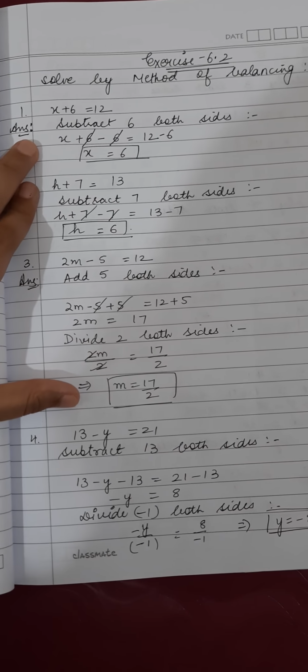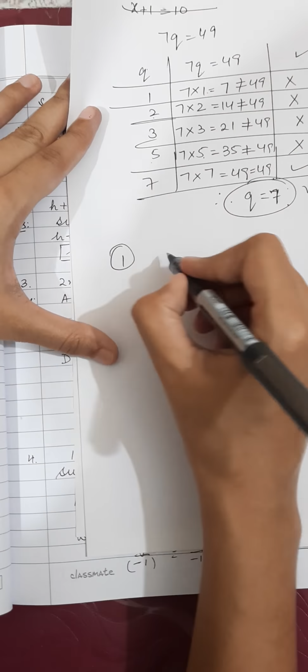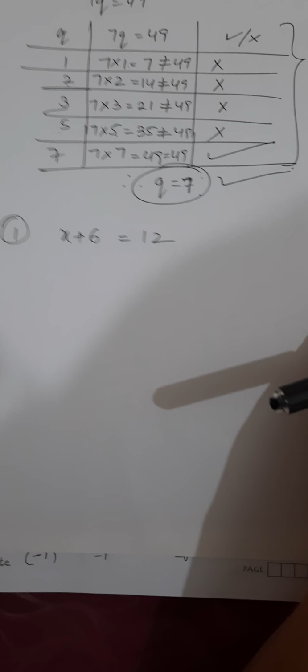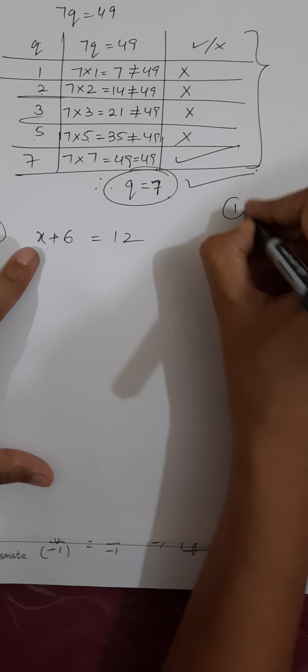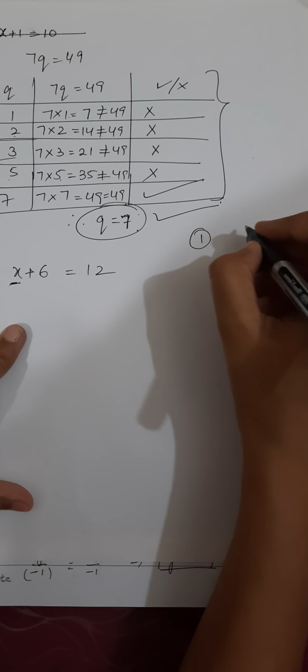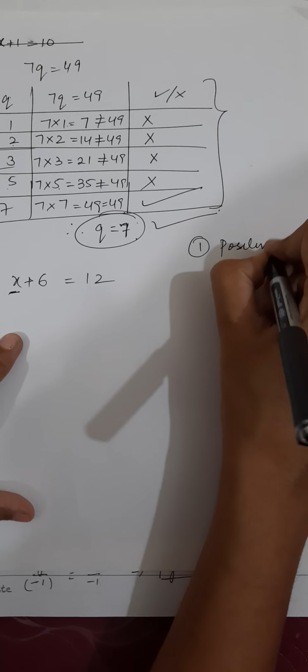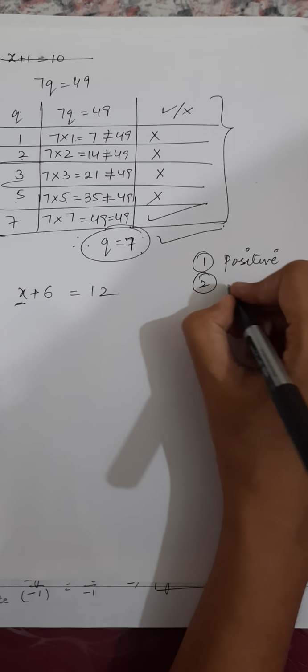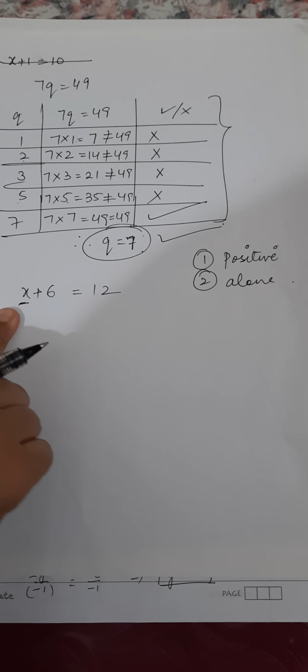Now this is the method of balancing. x plus 6 is equal to 12. Now I want x, two things I want. Firstly, this variable has to be positive. This variable is already positive. The second thing is I want it alone on one side, but this is not alone.